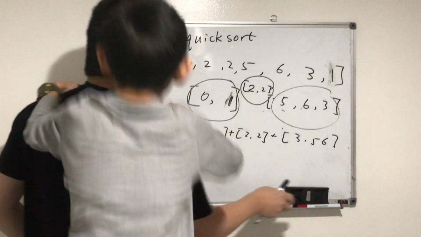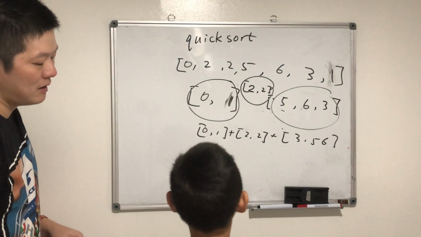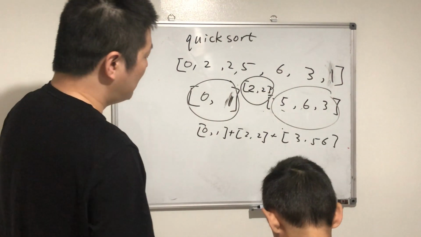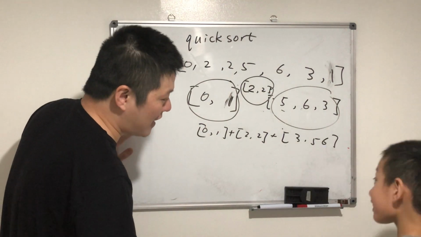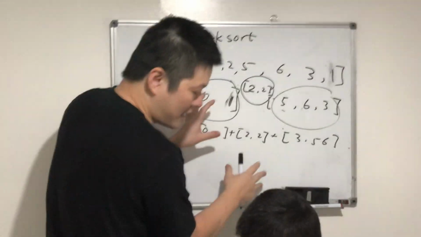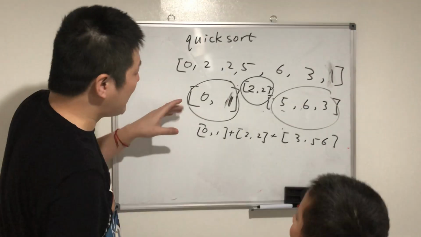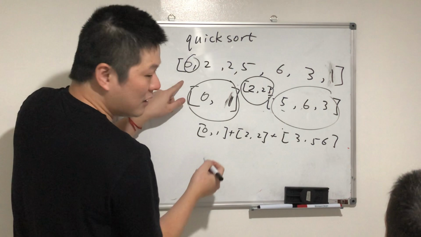So now, can you tell me how I should pick this number? I want to pick the number so that the smaller part and the bigger part are as equal as possible. If I pick a number which is 0, then what happens?